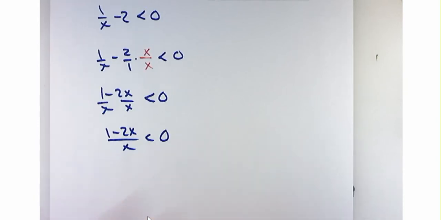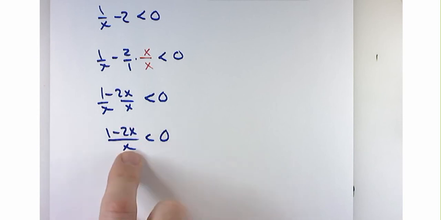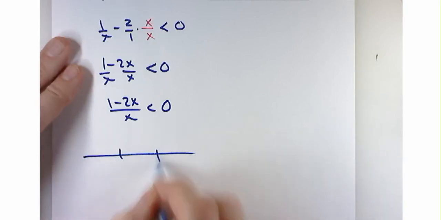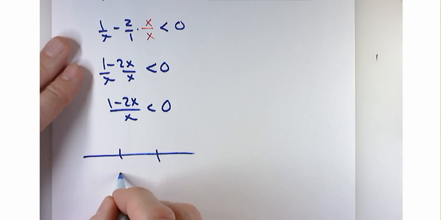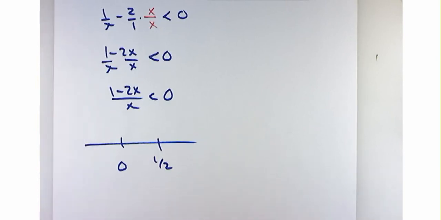And now you can solve this one. So find where the numerator equals 0, that's going to be x equals 1/2, where the denominator equals 0, x equals 0. So your test points are going to have to cut around these intervals. And you're going to want to choose the negative interval.